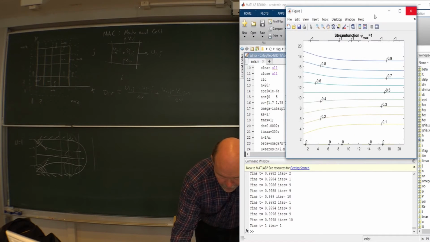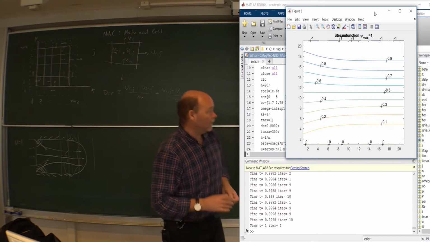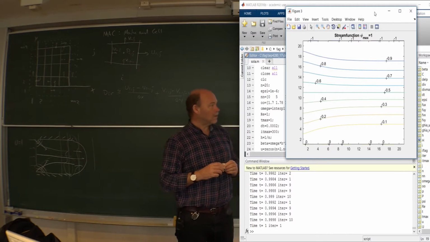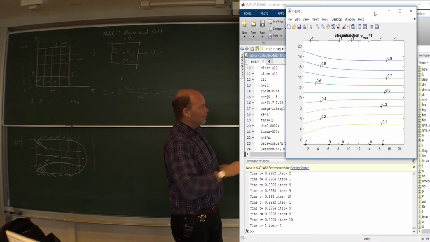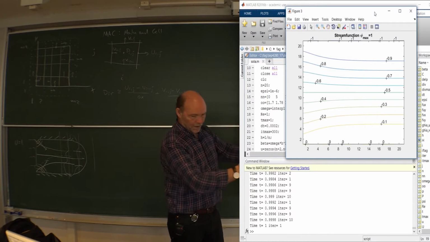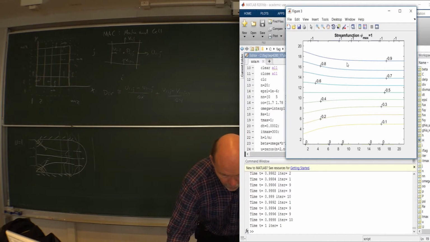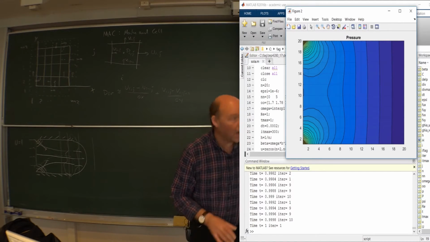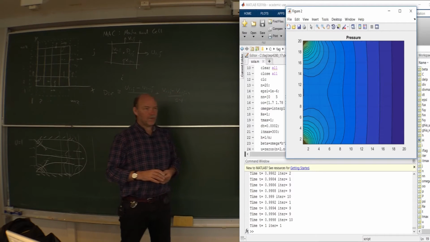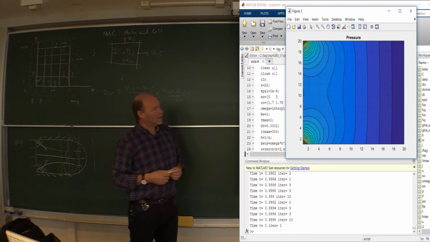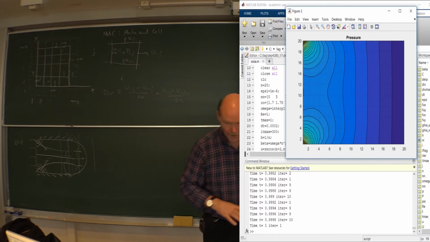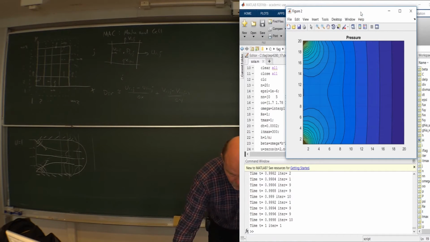So we remove these. Now I have a streamline pattern that I can believe. Horizontal lines in the right part, and then sort of a contradiction here in the left part. The pressure, beautiful. High pressure in the corners, and then a constant pressure gradient to the left. That one looks much better.